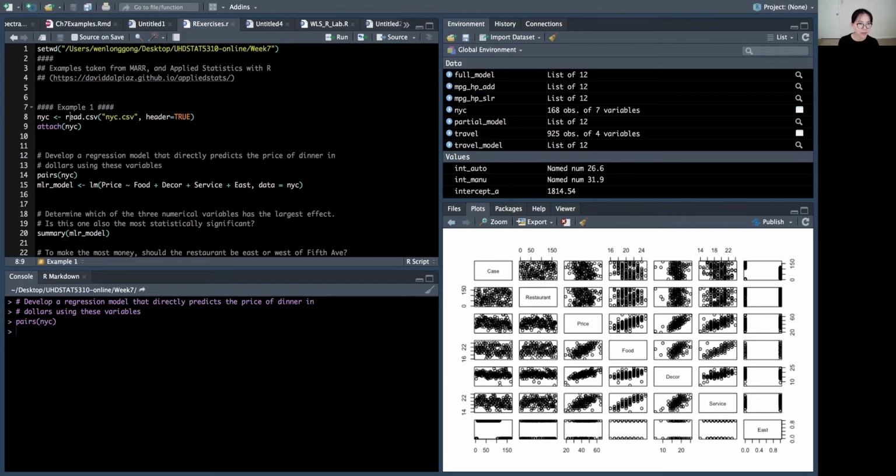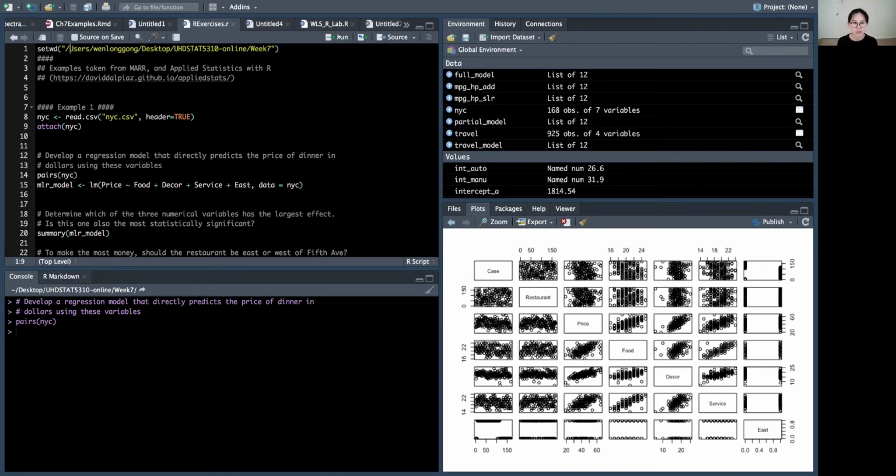I first set up my working directory. When you use R Markdown, as long as you put your data file in the same folder as your R Markdown file, you do not need to specify the working directory.